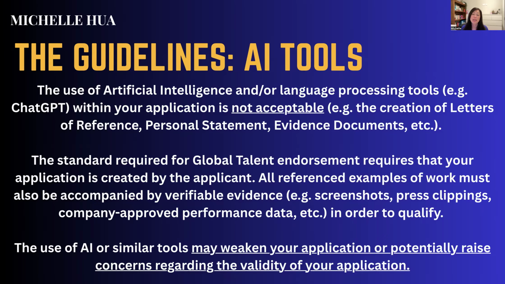So what it's saying is anything that you draft or anything that your experts draft needs to come from you. And then you need to substantiate that by any screenshots, any news clippings, any media articles. So they don't really want you to use AI tools to help you create any context around those verifiable documents or letters that you submit against your criteria.